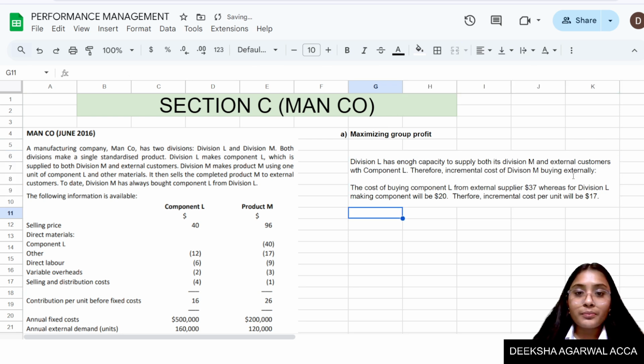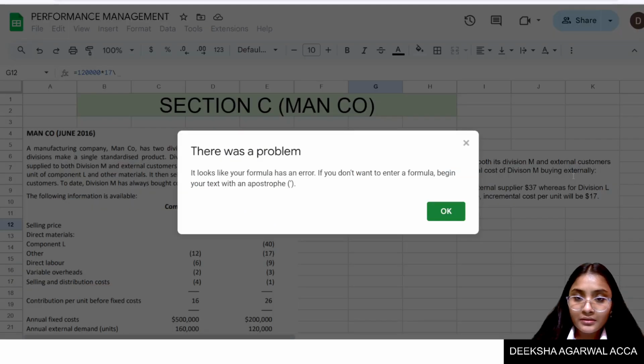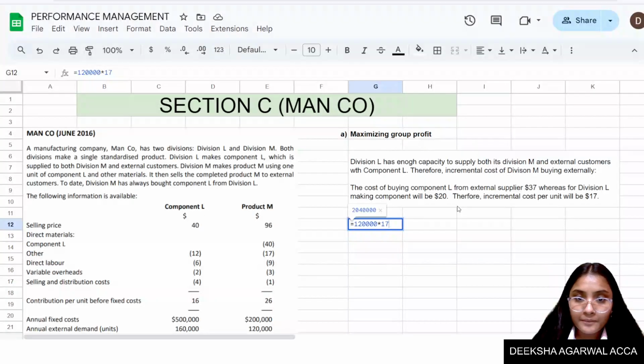So now just think from the point of view of your group profit. How many units will be there? 1,20,000 into 17. So my profit is going to be reduced. Correct?